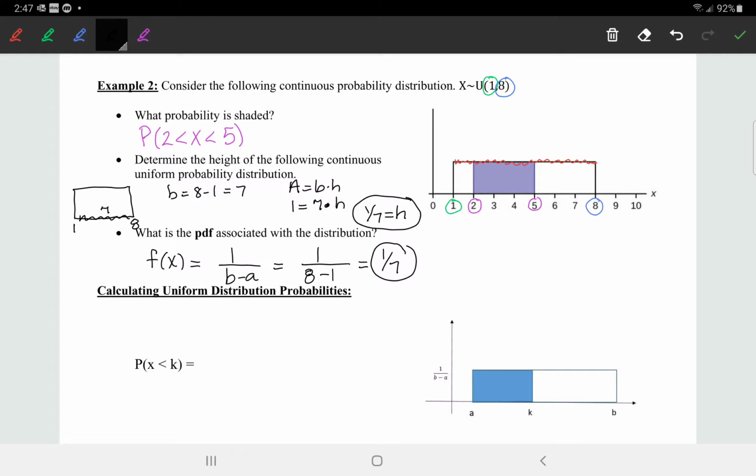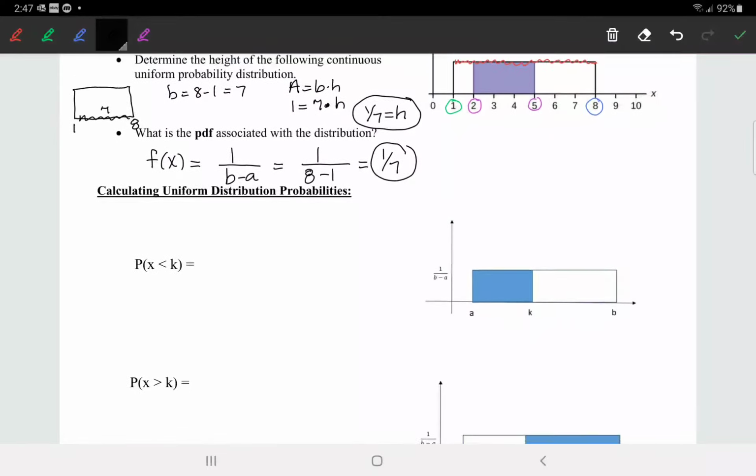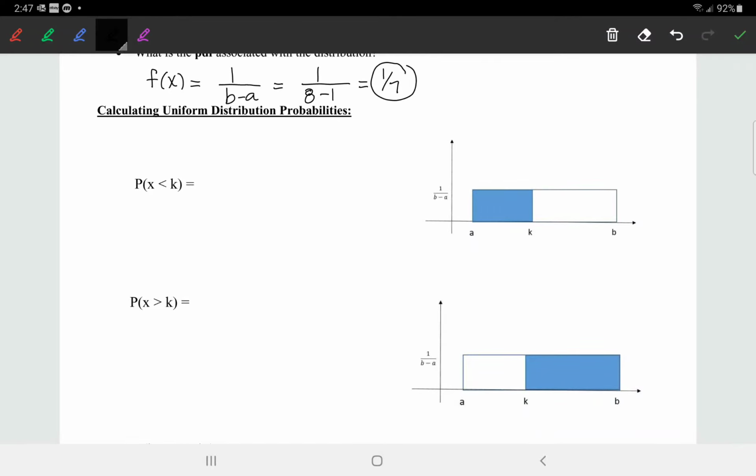Okay, so calculating probabilities with the uniform is very, very easy. Let's just look in general at what would happen. So here's a basic rectangle. We know the height of that rectangle is 1 over b minus a because it starts at a and goes to b. So we pick some value in between, we'll call it k, and if we are looking for the probability that x is less than k, we are looking for the area of this rectangle.